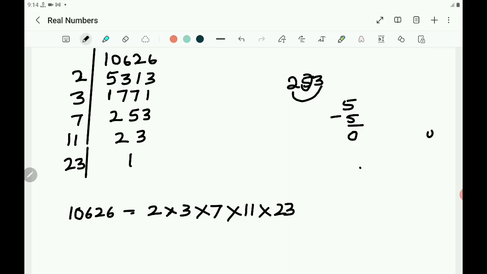Here the prime factorization of 10,626 is 2 into 3 into 7 into 11 into 23.